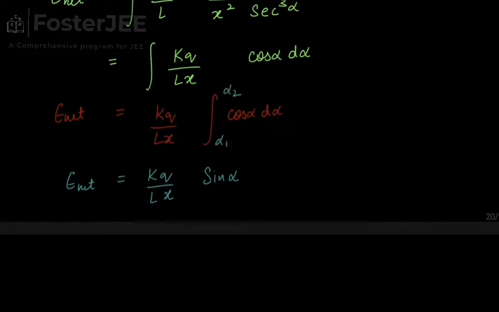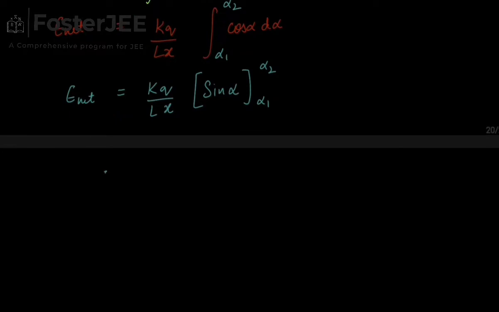Let's see what are alpha 1 and alpha 2. This integral becomes E net equals kq upon Lx (sin alpha 2 minus sin alpha 1). This in itself is a very important result. So we have to keep in mind this result also.